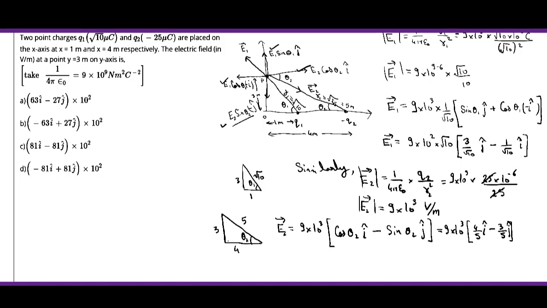If we need to find the resultant, which is ER, we need to add these two full vectors, E1 plus E2. The expressions we already have, and for adding we make it simpler. On adding we get the final expression: 9 into 10 to the power 2 taking common, and after the addition and subtraction we get this expression.